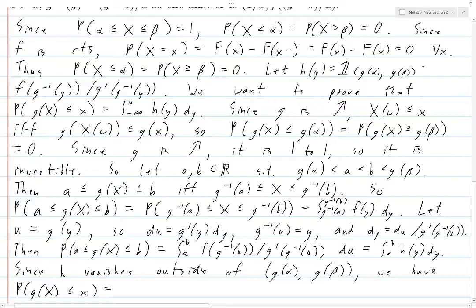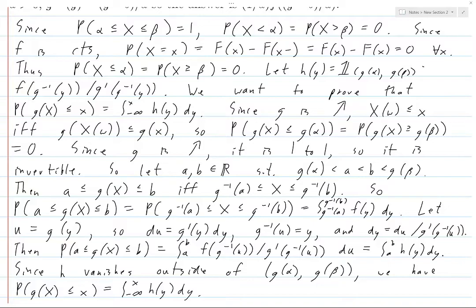All we end up with is the integral from negative infinity to x of h of y dy. Because if x is less than g of alpha, then you just have 0, which is exactly what happens because h vanishes there.